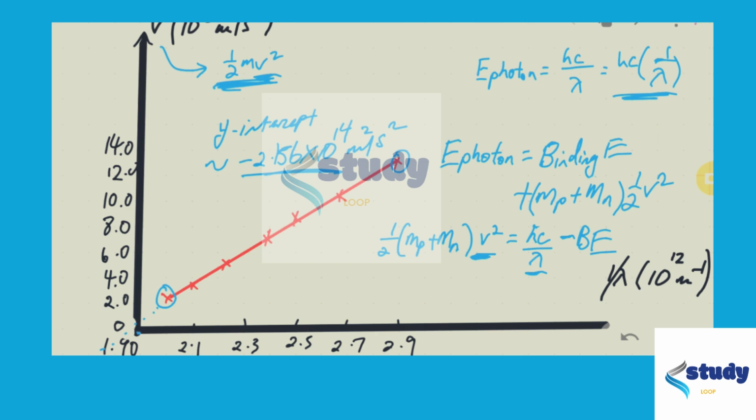That is when our x is 0, which is when 1 over lambda is 0, so this term goes to 0. And our y-intercept is basically the value of the v squared over here. So all we need to do is to substitute in v squared as this value, and we will get the negative of the binding energy.